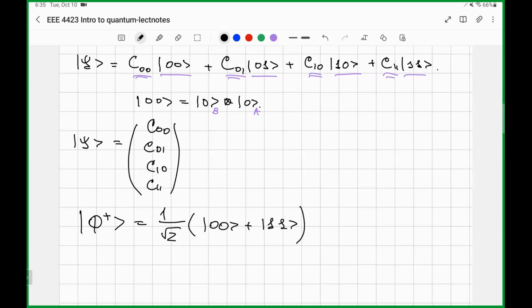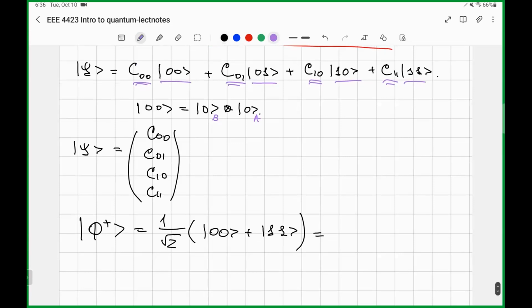What it means is basically that C00 is equal to 1 over square root of 2, C11 equals 1 over square root of 2, but C01 and C10 equal 0.